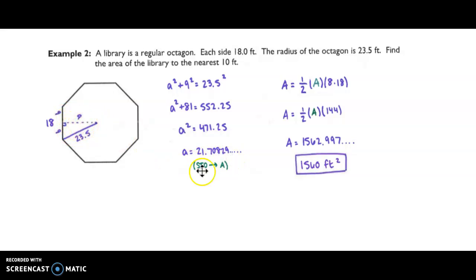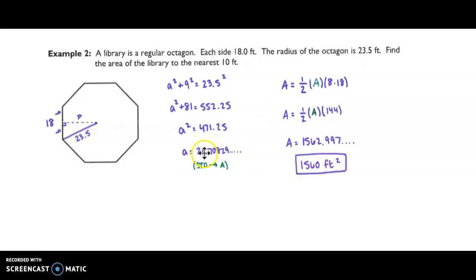This green lettering here is for the calculator. I'm not going to explain this right now, but when you do the Pythagorean theorem here, you get a never-ending decimal value. So instead of rounding here, in the previous step you do the square root of 471.25 and you get this answer.